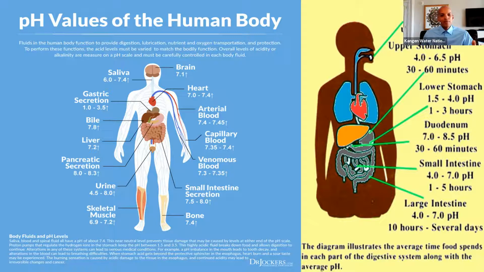So for example, the heart, the bloodstream, 7.35 to 7.4 shown here, 7.4 to 7.45, 7.0 to 7.4. That range is where the blood in the heart needs to stay. If they go above that to 8.0, 8.5, it's called too high of a pH, or in that case, too alkaline, known as alkalosis, right?